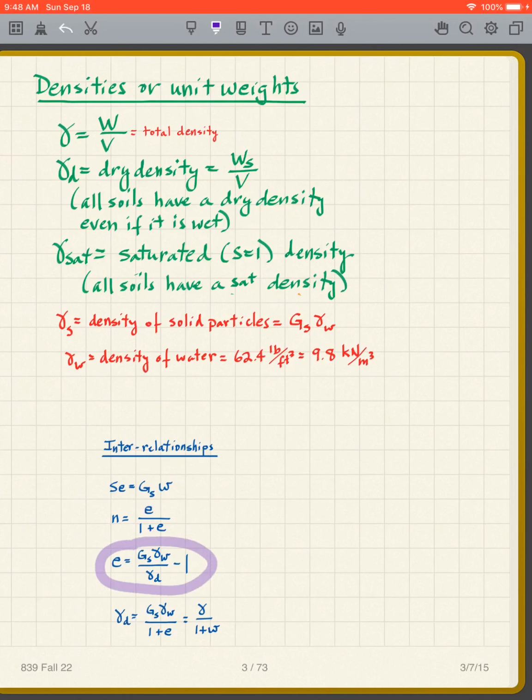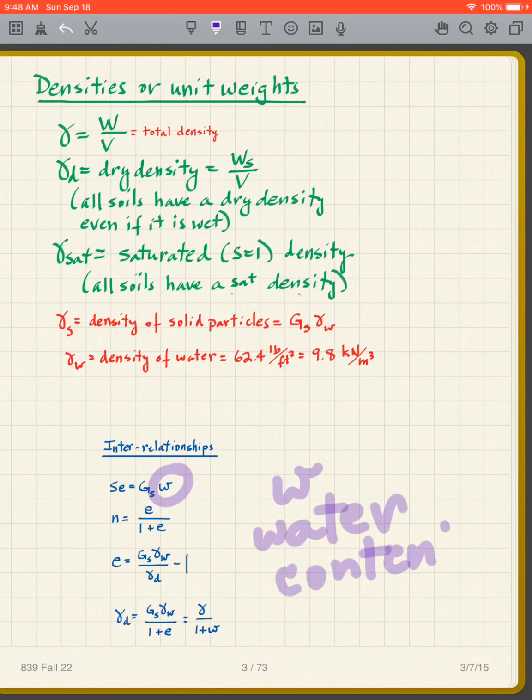Here's another equation. E is equal to G sub S gamma W over gamma D, minus 1. I'm not going to derive these or anything like that. They were derived in soil mechanics. And gamma D is equal to GS times gamma W over 1 plus E. And that's equal to gamma over 1 plus the water content. Remember, small w is water content.